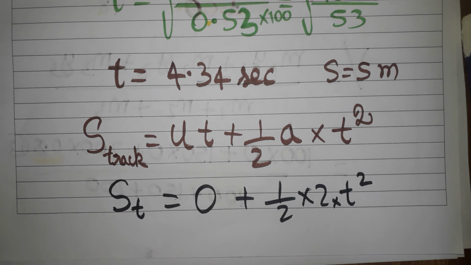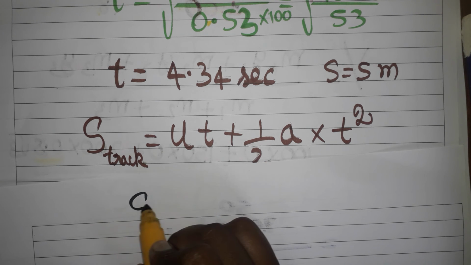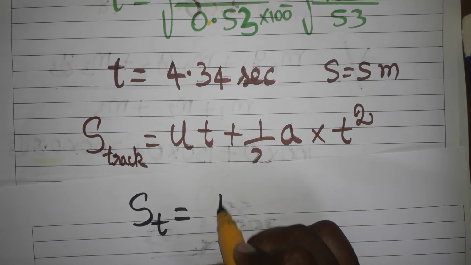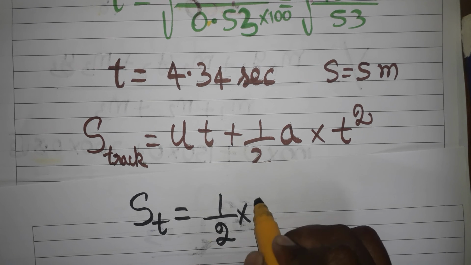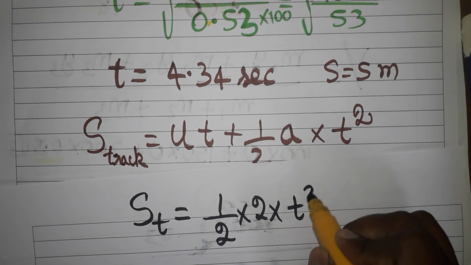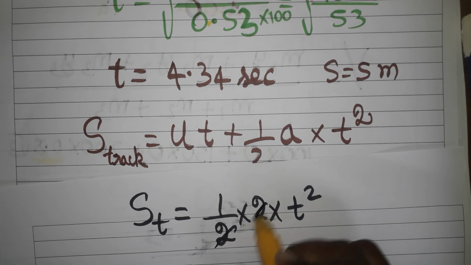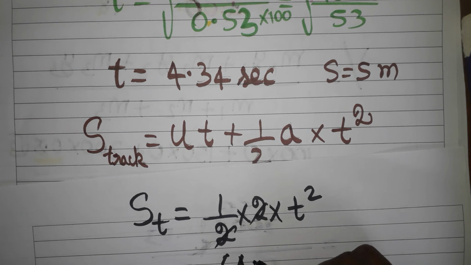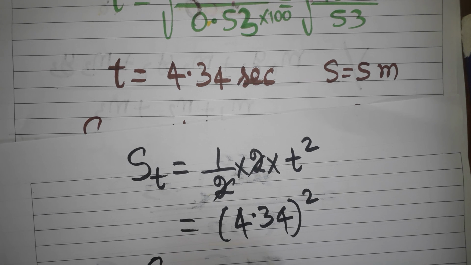So finally the truck displacement is equal to half times 2 into t square. The 2s get cancelled, only t square will give the solution. t square is 4.34 whole square. That's going to be the displacement of the truck.